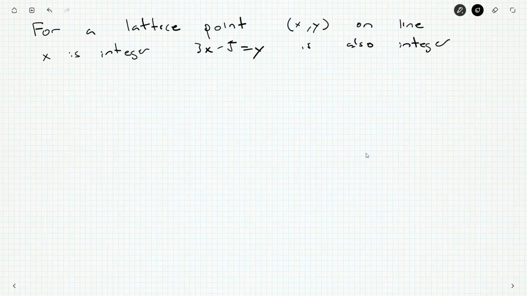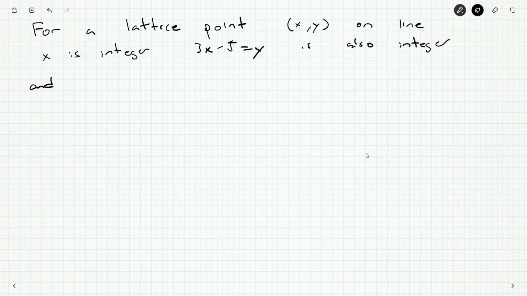The question would be different, for example, if it was 3/2 x minus 5, because then only certain integer values of x will give us integer values of y. This is why I'm bothering to point this out. But because it's multiplying integers and then subtracting another one, we don't have to worry. So if this is on the line, x just needs to be an integer.